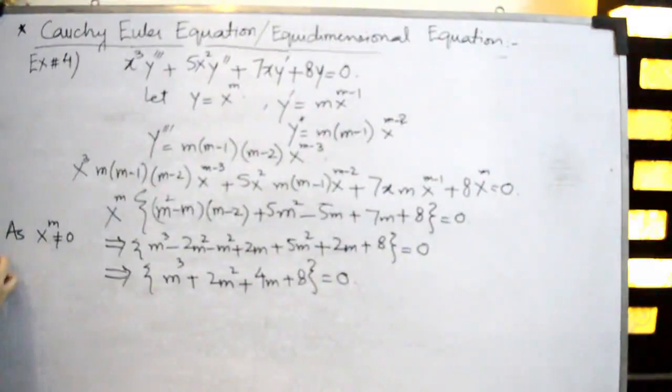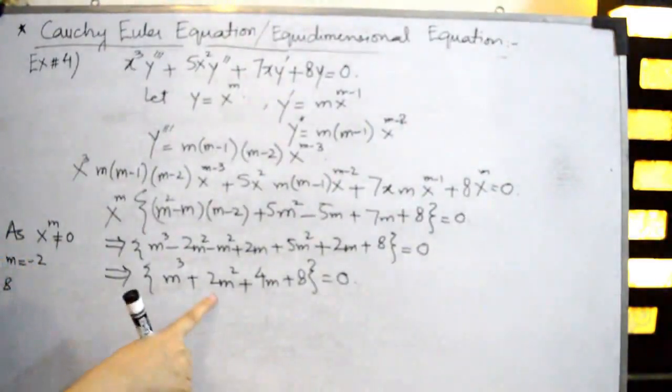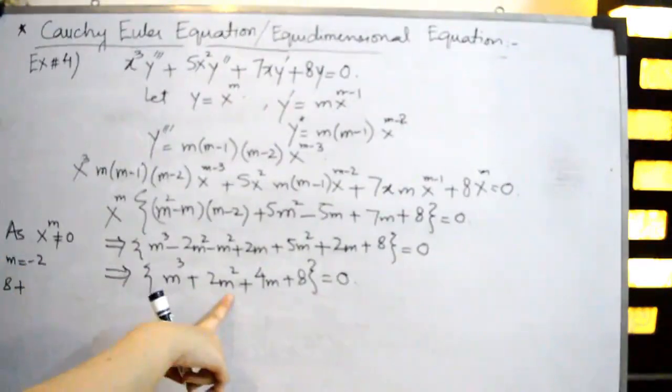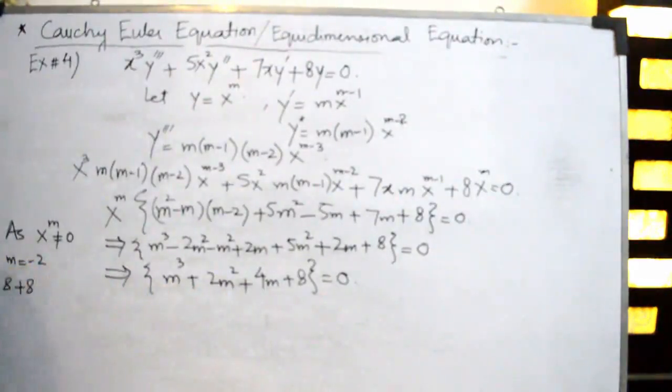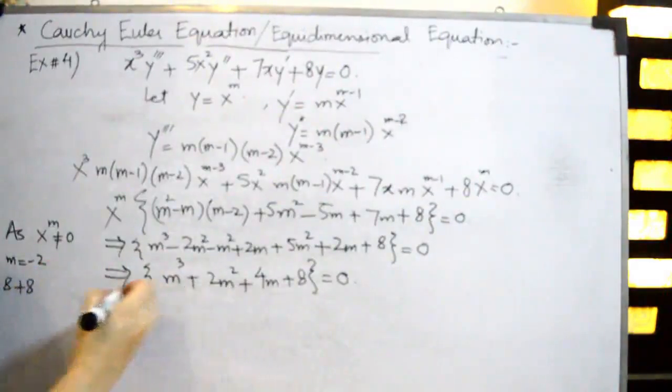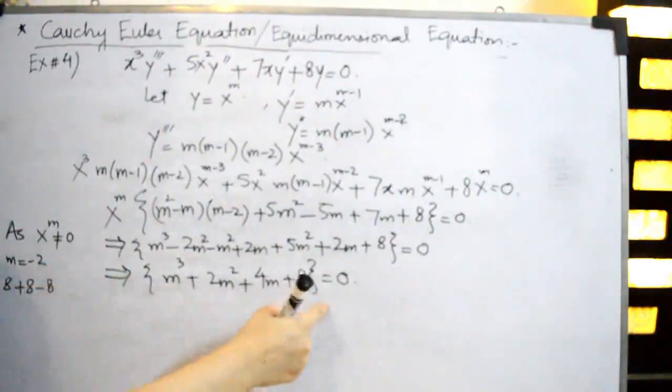If m is 2, it is not a root either. If m is minus 2, then minus 2 cube means minus 8, minus 2 square is 4, 4 into 2 is 8, and 4 into minus 2 is minus 8, plus 8. Yes, it is a root.